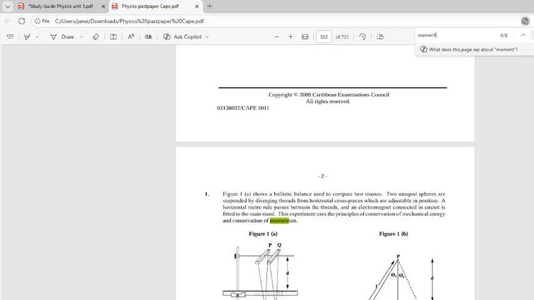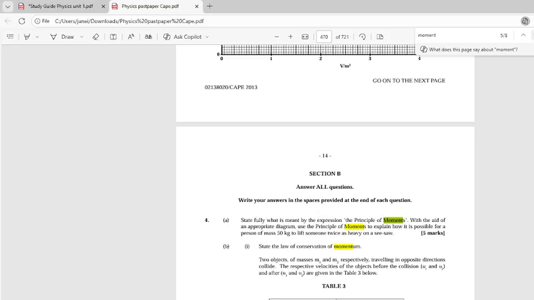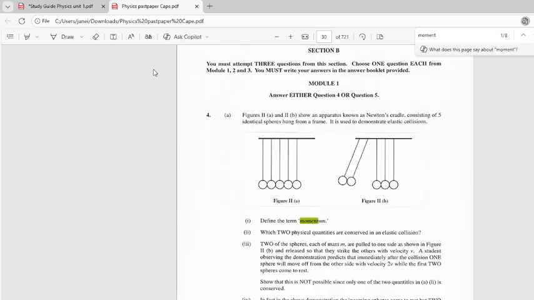I just typed in moment in my thing and I saw nothing come up. I thought I had you guys ready. Calculation for a.